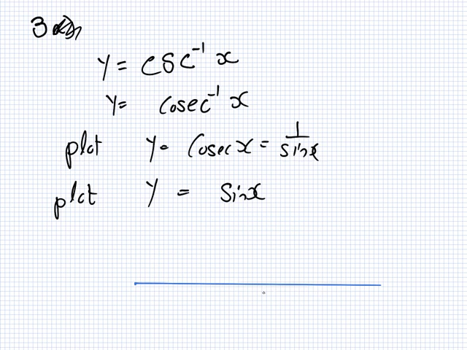So we'll stick to just 0, we'll go to 2 pi, pi, minus 2 pi, minus pi, and there's 1, and there's minus 1.